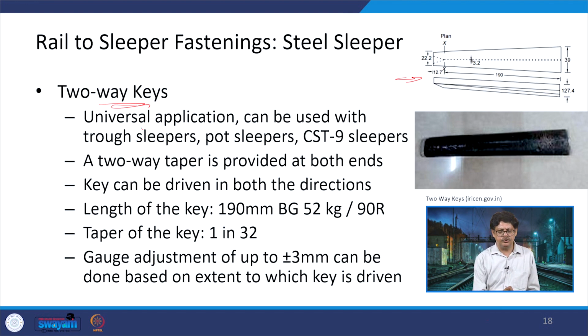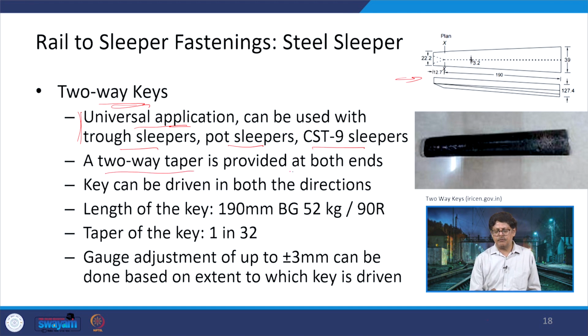It is a universal application, and can be used with trough sleepers, box sleepers, CST9 sleepers. These are different types of sleepers used on Indian Railways. Slowly we are now coming to concrete sleepers, but there are still locations where concrete sleepers may not be good. In those cases, we are using these other sleepers.